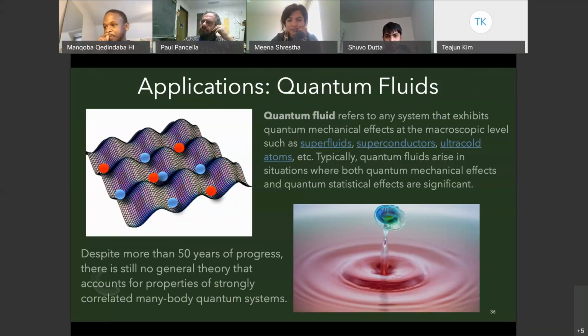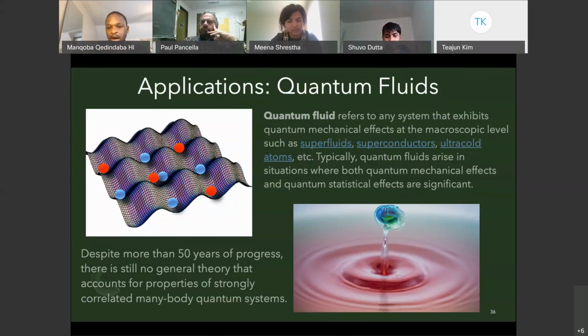But here's the key point I want to make: despite over 50 years of hard work and progress, there's still no general theory that accounts for strongly correlated many-body quantum systems. We still don't have a theoretical framework to explain all these phenomena when we have quantum effects in many-body physics.